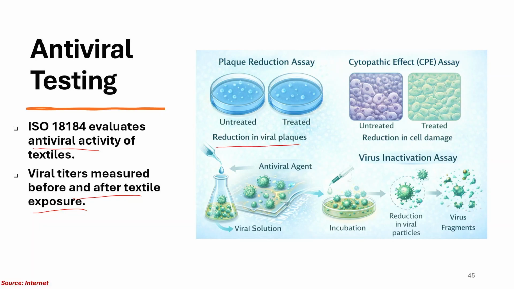So, this is for antiviral agents, where the textile is treated with that, and before that there is an untreated one and a treated one. So, reduction in cell damage.